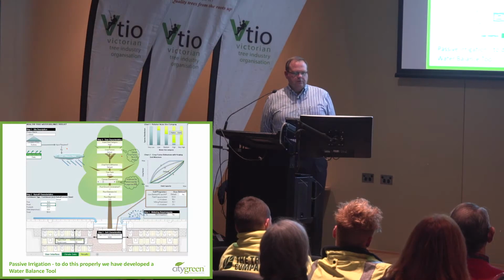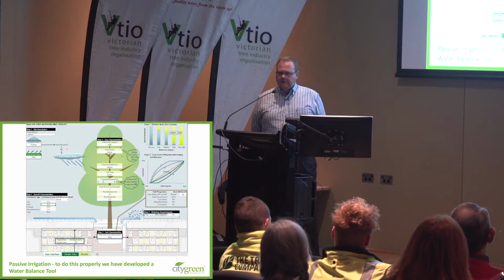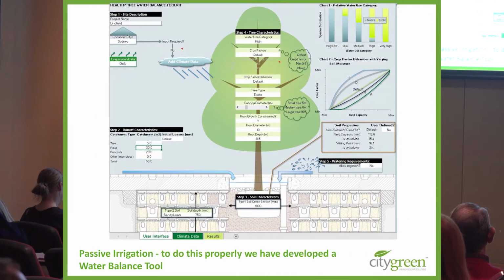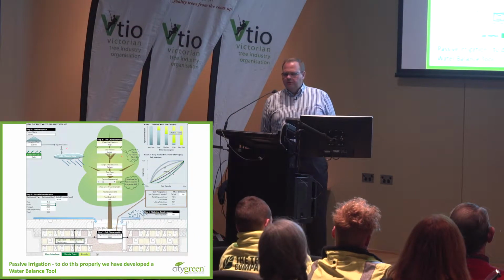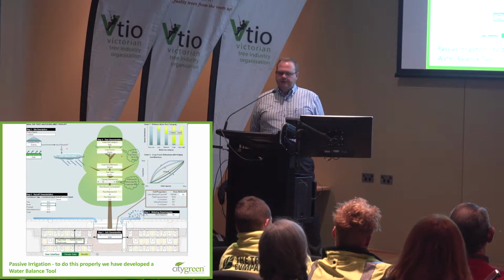We'll cover that first. What we've actually built is a water balance tool, which, with the assistance of some stormwater engineers and some agricultural scientists, brings in things like crop factors, and we can upload regional specific rainwater data.